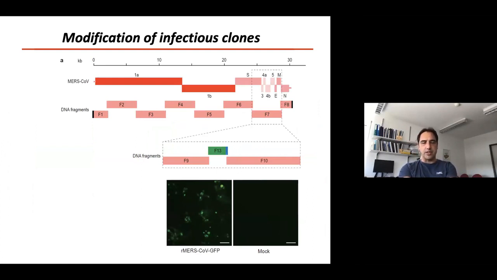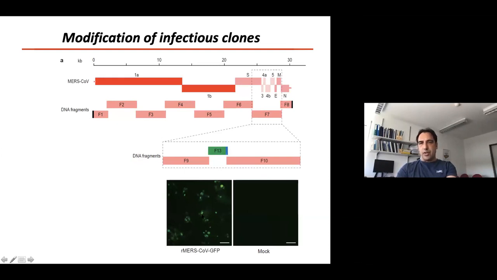To demonstrate this, we used the MERS clone we have obtained, and instead of modifying this clone, we just reassembled the clone again with all the fragments, but changed one fragment just by PCR to accommodate a GFP. We again transformed that into yeast and then obtained a viable virus expressing GFP.